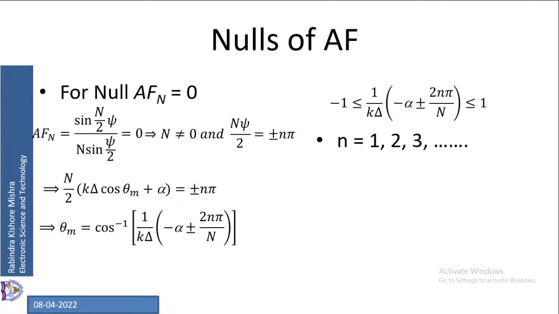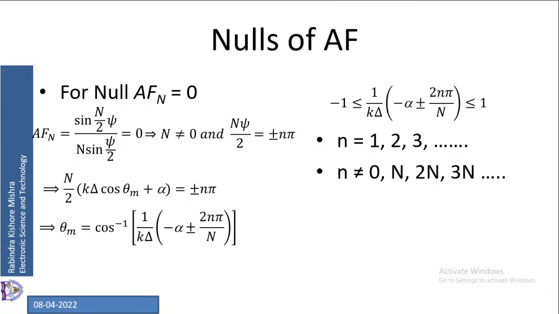Now let us take small n equal to 1, 2, 3, etc., but you cannot have n equal to 0, or capital N, or 2N or 3N. Those are the values which are excluded. You can see that from the expression also. If n is equal to 0, then theta m is equal to cos inverse of 1 by k delta times minus alpha.